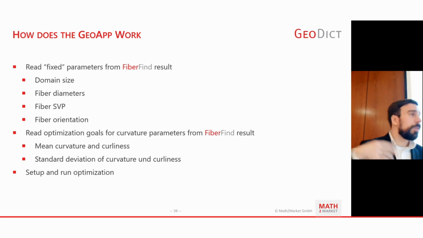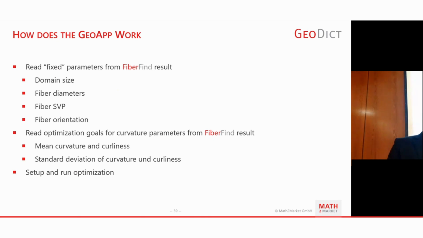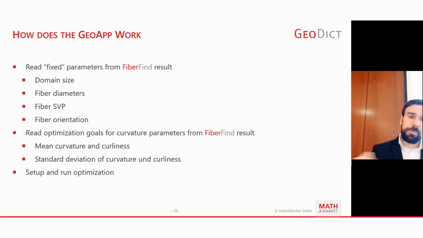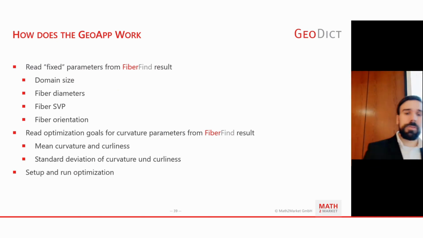Here, a refresher. What do we want to do in this app? We run FiberFind. We read from the FiberFind result domain sizes, fiber diameters, fiber volume fractions, and the fiber orientation. And then we set up an optimization to find the curvature parameters based on curvature and curliness and the standard deviation of curvature and curliness.